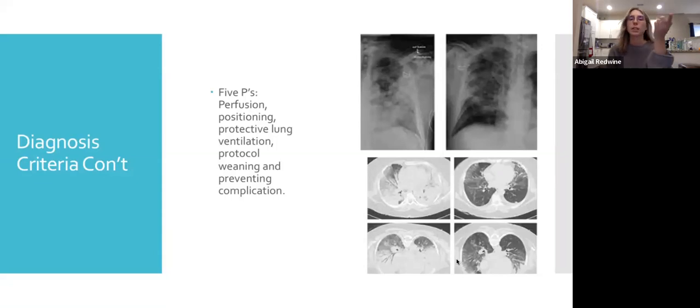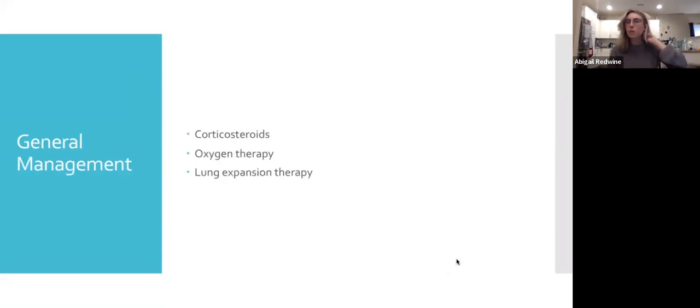So what we're going to talk about is the 5 Ps. It's going to be perfusion, positioning, protective lung ventilation protocol, protocol weaning, and preventing complications. So some general management of ARDS is you're going to take a corticosteroid, oxygen therapy if needed, and then definitely lung expansion therapy.